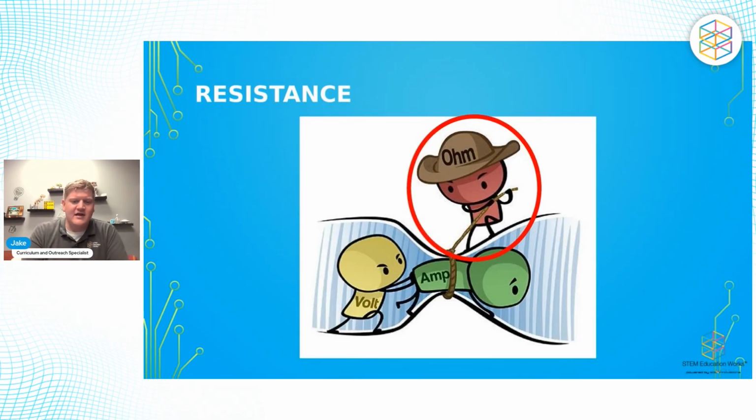And in our little image that we showed previously, our little guy with a cowboy hat that says ohm kind of represents our resistance. In the analogy of the race cars going around the track, it is causing those electrons, or those cars, to slow down and have to move at a slower speed.